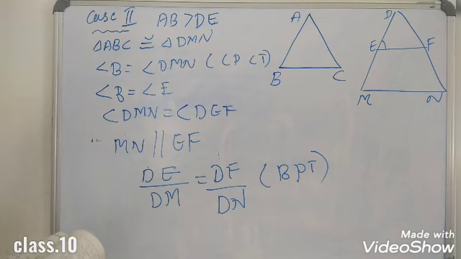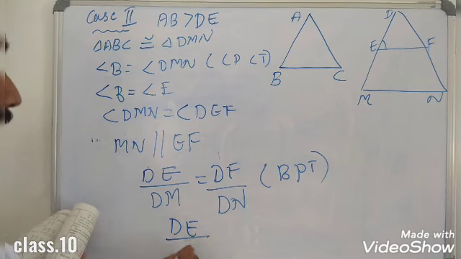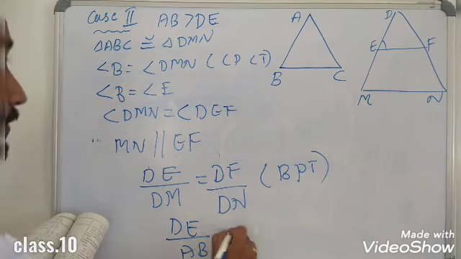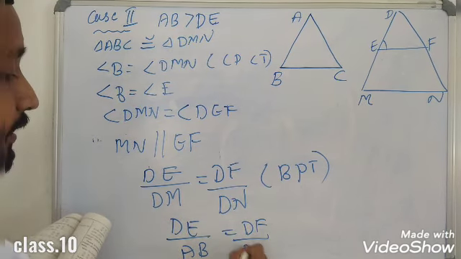By construction we know AB is equal to DM. Instead of DM, we can write AB. That is, DE by AB is equal to DF by, instead of DN, we can write AC.